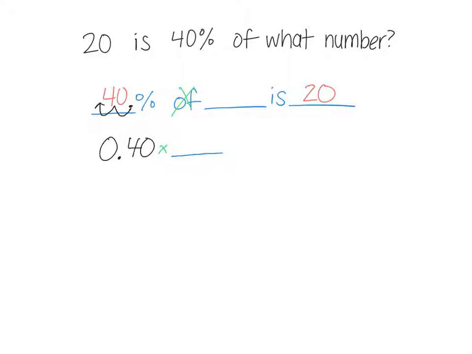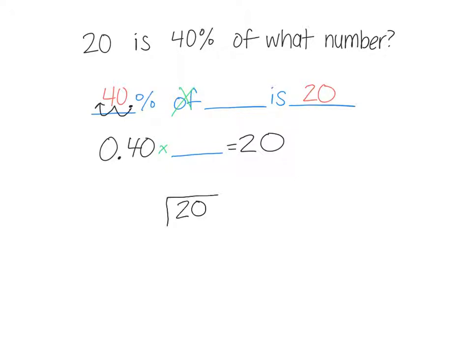And then is means equals, and it equals 20. To solve this, I can think about the relationship between multiplication and division: they're opposites. So I can figure out this number by doing 20 divided by 40 hundredths.